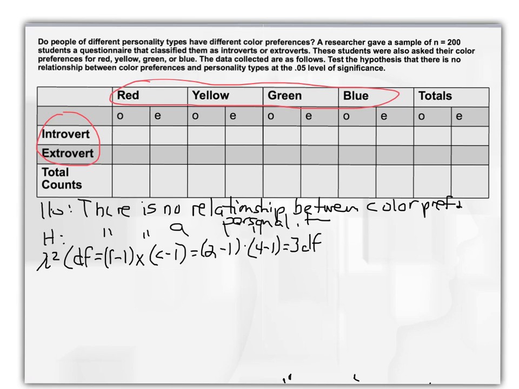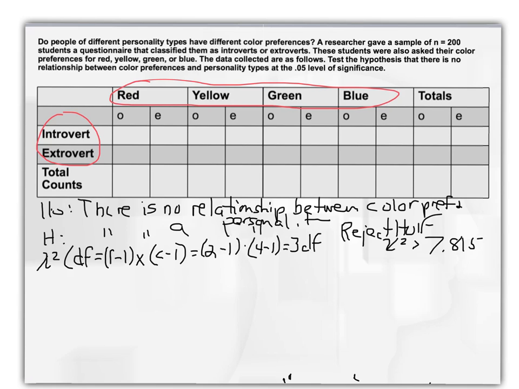So we will reject H0 if chi-square is greater than 7.815. There are similarities with the previous problems where we have degrees of freedom, where we have a chi-square value.